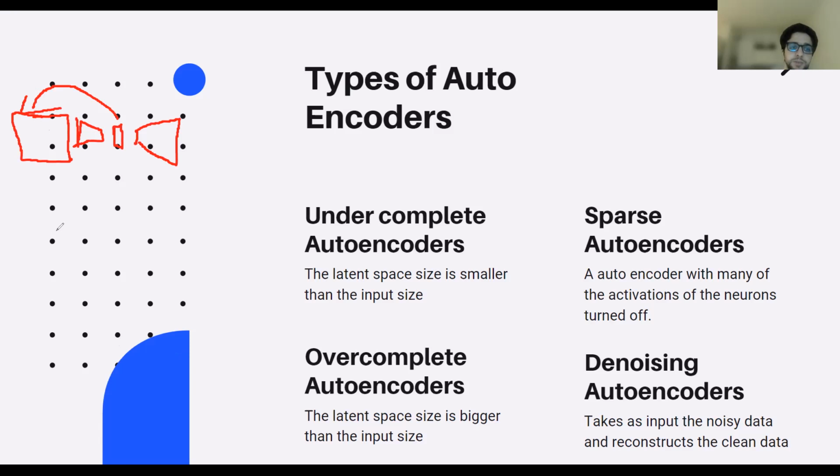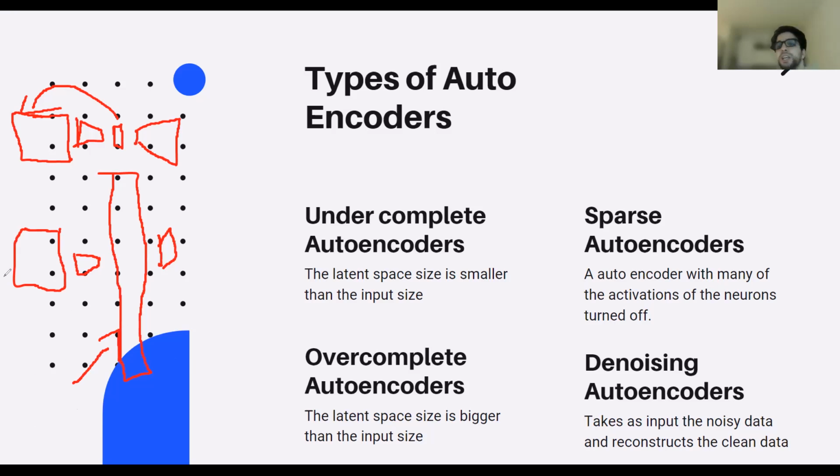Overcomplete is basically the opposite. So we take this, and now the latent space is much bigger than the original image. In this case, the latent space is much bigger than the original image, meaning we can easily learn some sort of mapping, where this pixel just comes here, this pixel just comes here, and we're doing no learning, we're just copying the image from here to here.